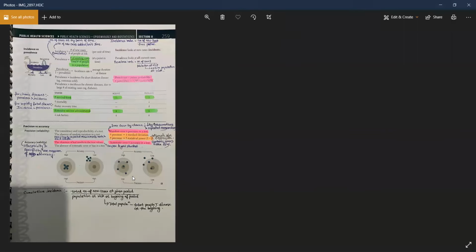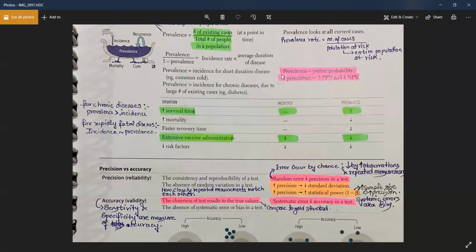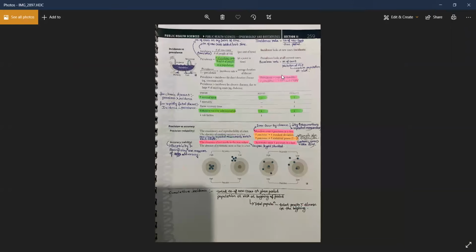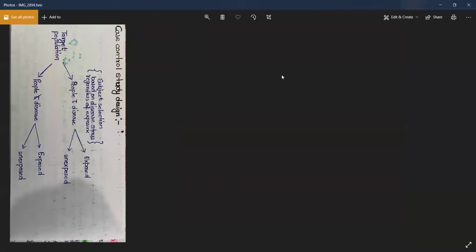Okay, now we're going to discuss the incidence and the prevalence. Can you show that again? Can I show that? Can you show the previous picture, case control? This one? Yes, thank you.